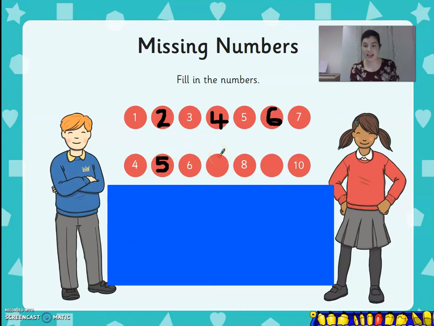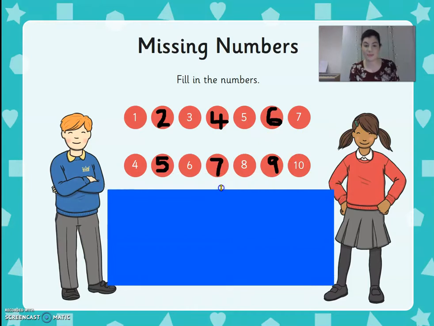What's 1 more than 6? 7. Absolutely. 1 more than 7, 8. 1 more than 8, 9. Pop in number 9 and 10. Let's check it works. 4, 5, 6, 7, 8, 9, 10. Absolutely. We are whizzing through these.